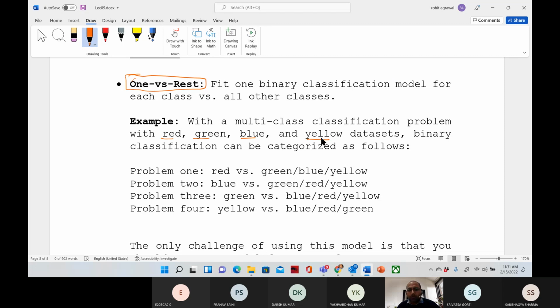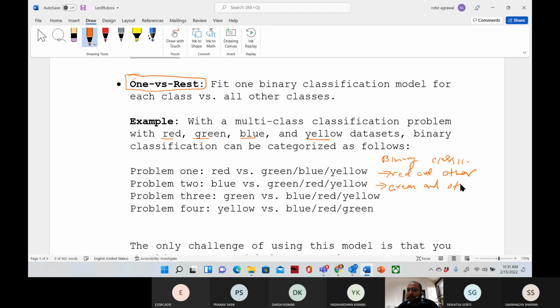Now we will use binary classification, and we will assume that we have only 2 classes. The first one is red and the second one is the others. Then we will do one more classification, using the second class, green, and then others.